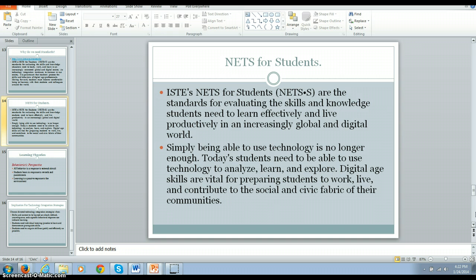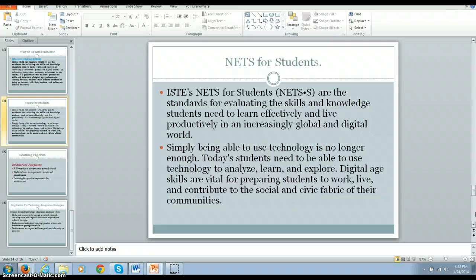So for students, again, we are saying we need standards because we need to go beyond them being able to just use technology. I like the definition here, which is coming from a textbook. The most important statement in this slide is that today students need to be able to use technology to analyze, learn, and explore.